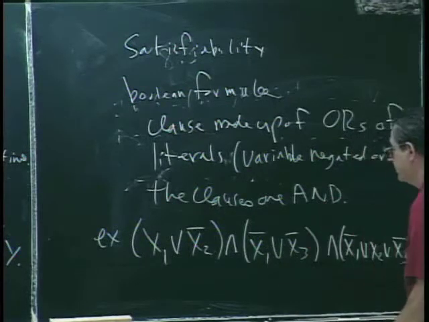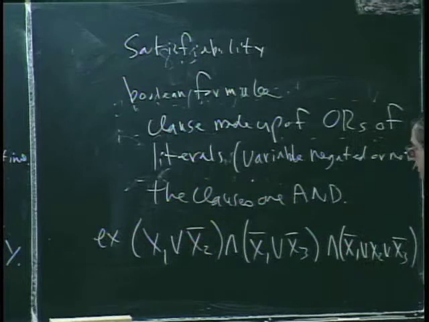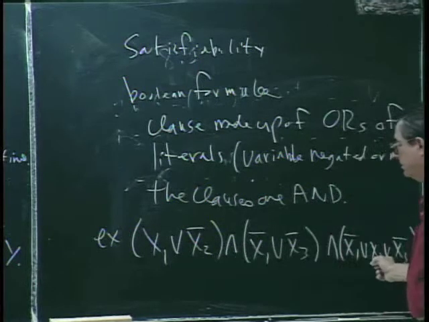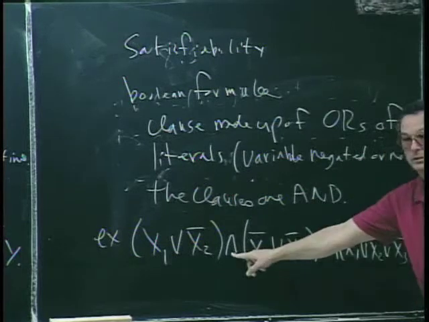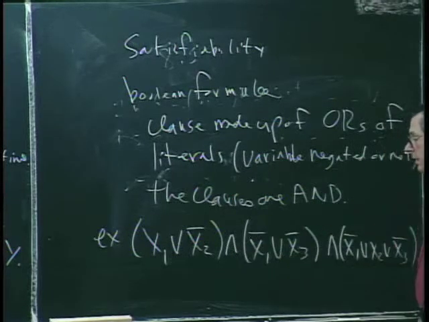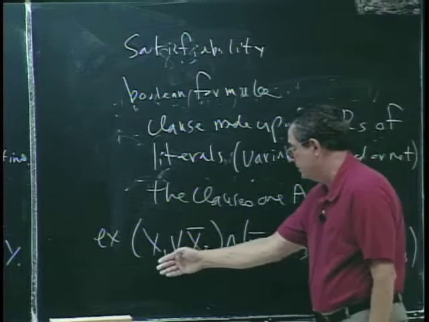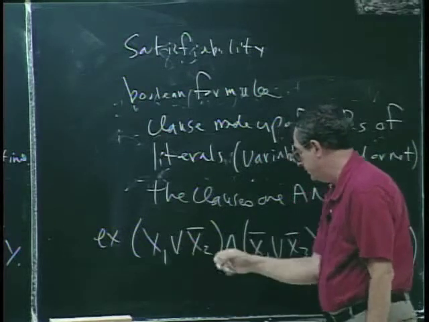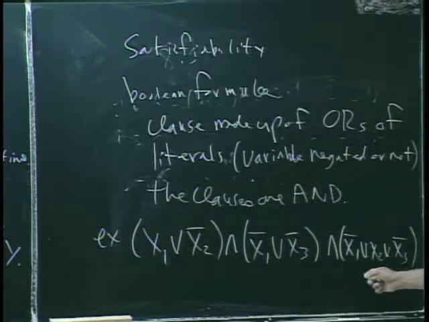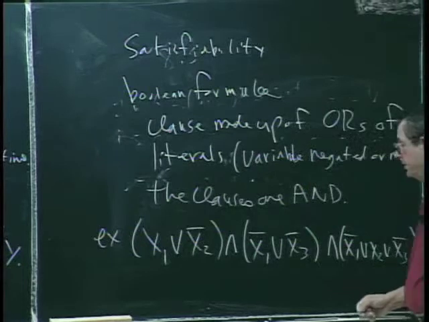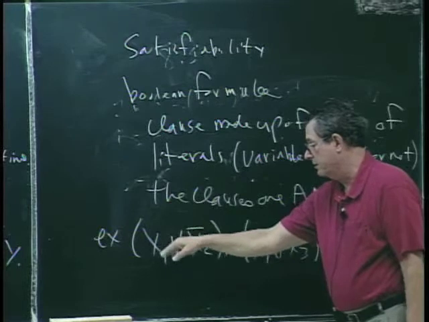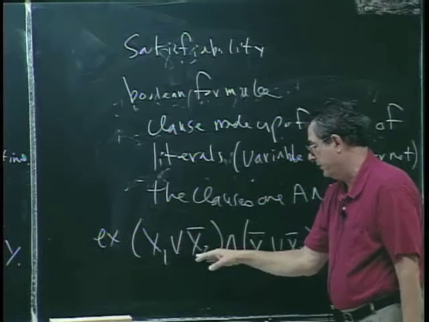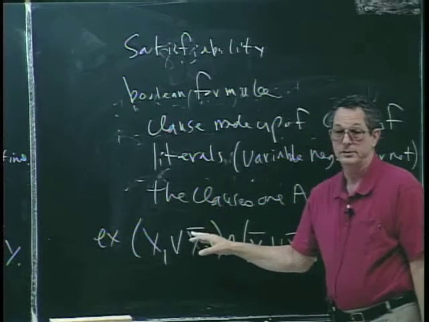Okay, so this Boolean formula has three clauses. They're connected by ands. This is the and sign. Inside of each clause you have literals. This one has two literals. This one has three literals. A literal is a variable, x1, either unnegated, this one is unnegated, or it's a variable x2 that is negated.